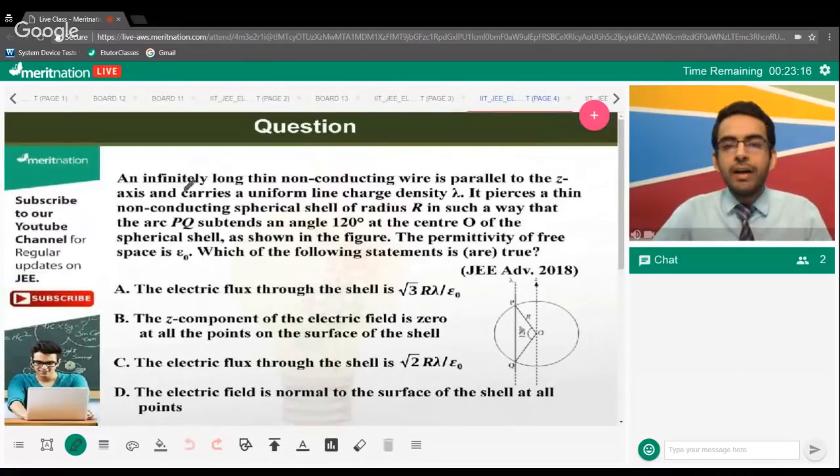An infinitely long, thin, non-conducting wire is parallel to the z-axis and carries a uniform line charge density lambda.